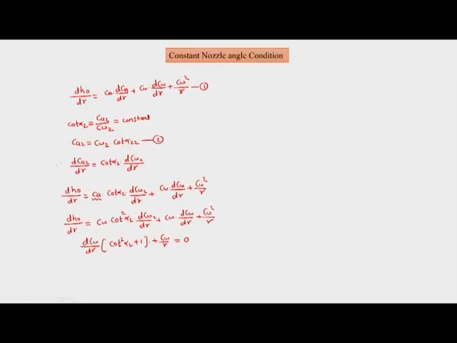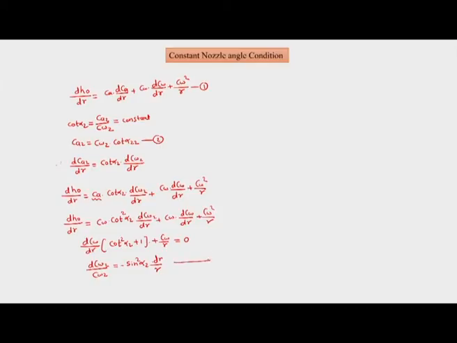So we can have an expression which says that dCw2 upon Cw2 is equal to minus 1 plus cot square alpha 2, which would get adjusted, and then 1 upon sin square alpha 2 into dr by r.